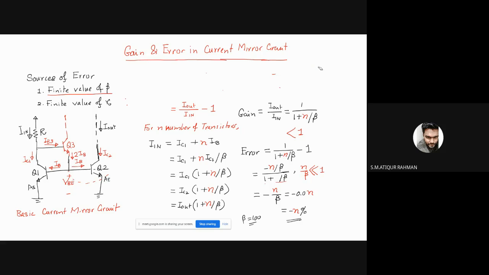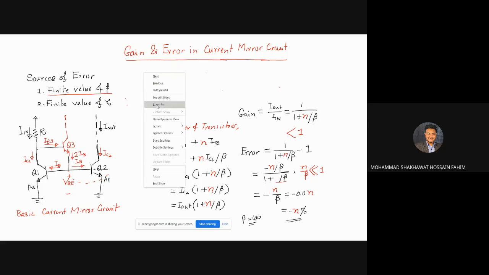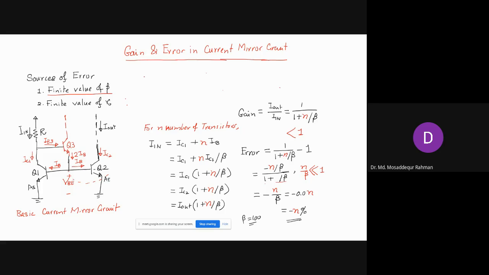IB3 is IE by 1 plus beta. So now the IB3 here will be 2 IB divided by beta plus 1. So that's the emitter current, and that's the base current, and base current IB is IE divided by beta plus 1.